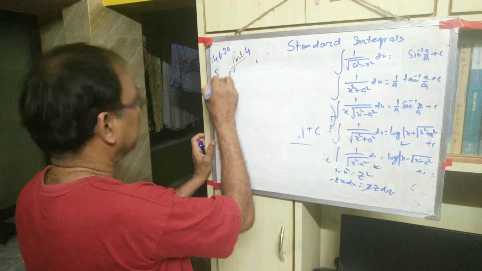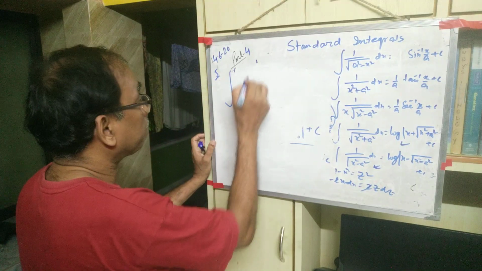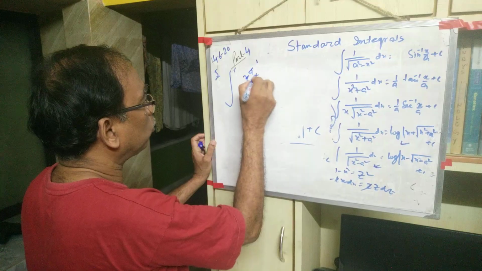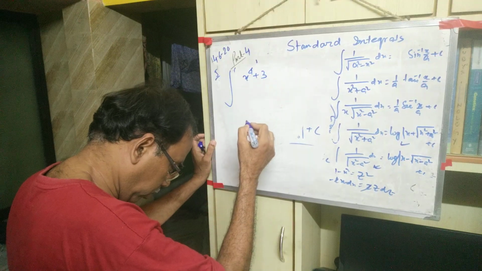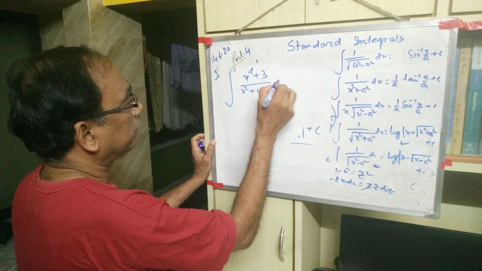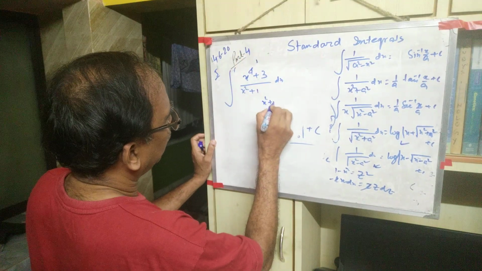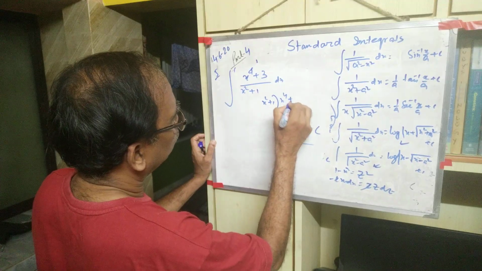Integration of (x to the power 4 plus 3) over (x square plus 1) dx. You have to do division of this, x square plus 1 into x to the power 4 plus 3.